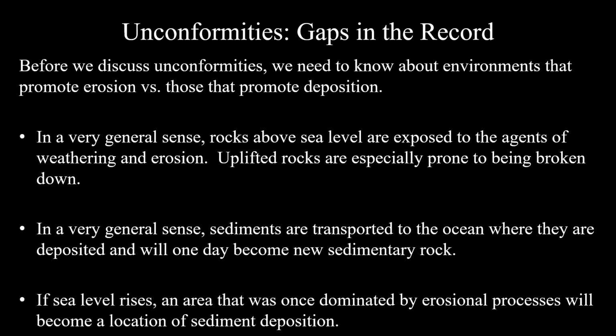But before we discuss unconformities, we need to talk a little bit about how the planet changes, how environments will actually shift from environments of erosion to environments of deposition. This can happen through things that we've already talked about, like tectonicism, so mountain building, uplift of rock.